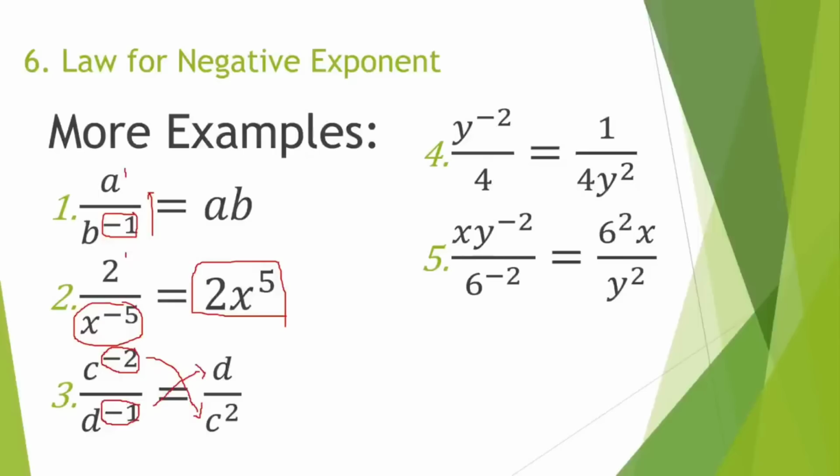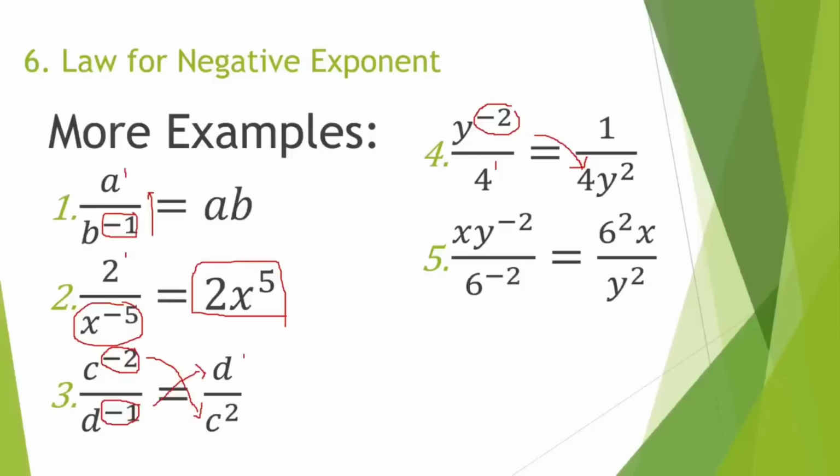Okay, so it is d over 1 over c squared, or simply d over c squared. For example 4, the exponent of y is negative. That means that it moves to the denominator. Okay, and the exponent of 4 is 1, so it stays in the denominator. That's why y raised to negative 2 over 4 is equal to 1 over 4y squared.